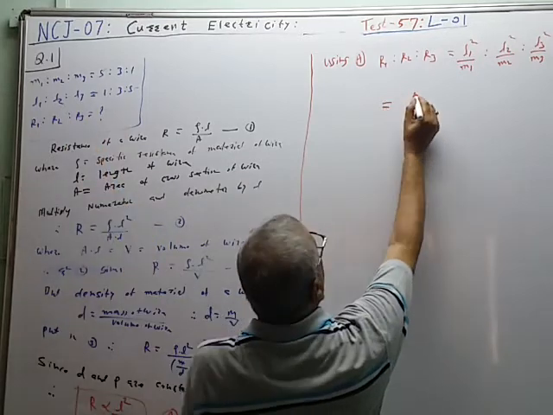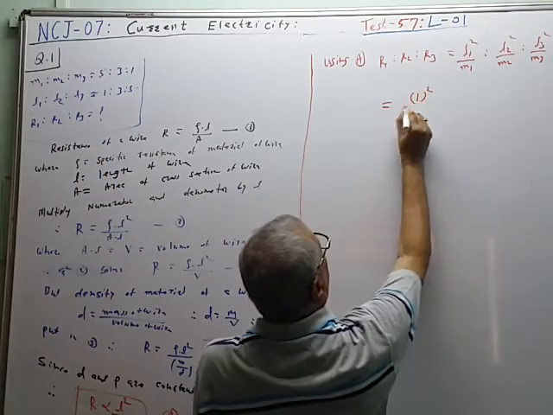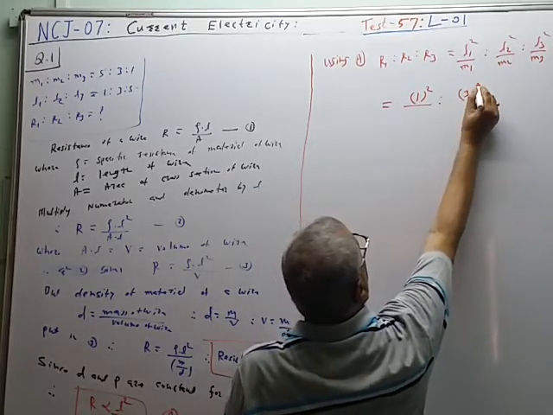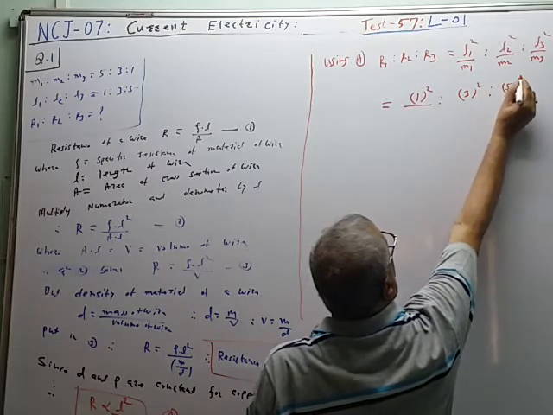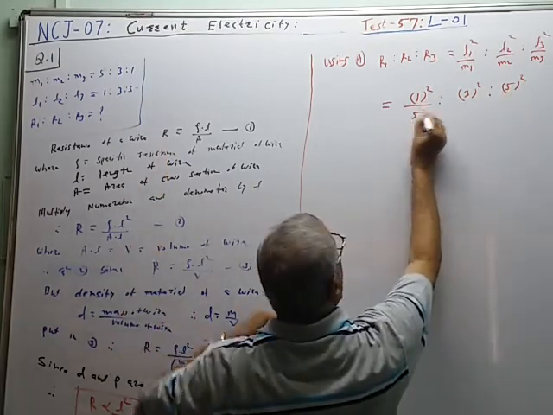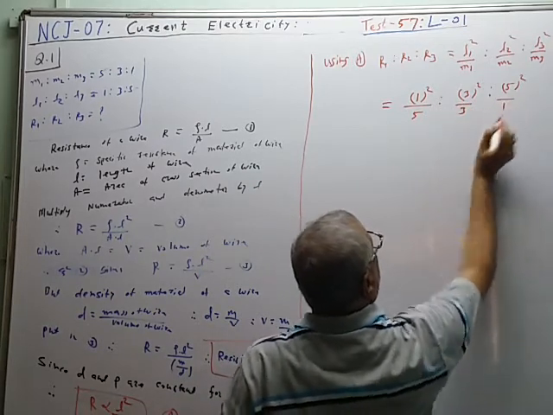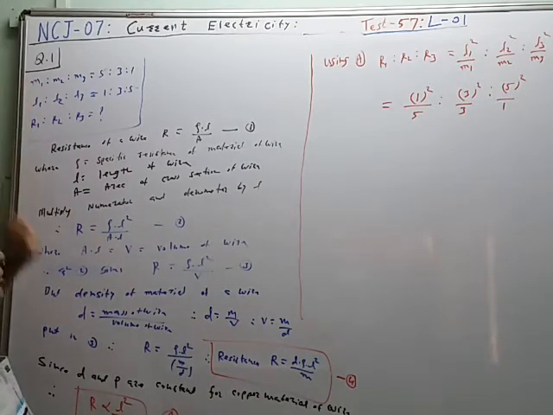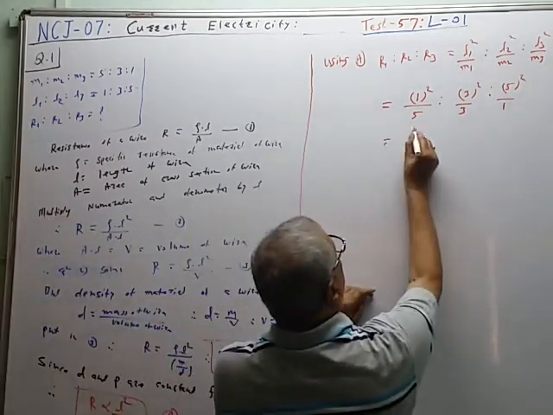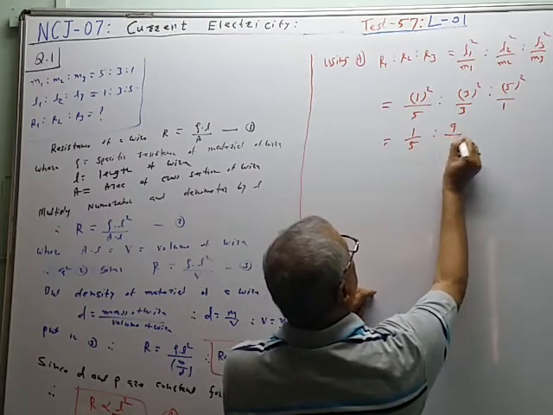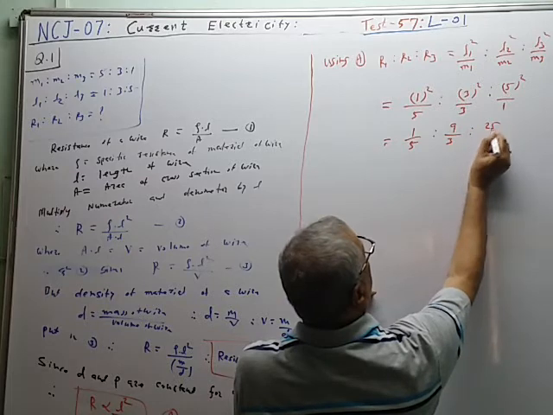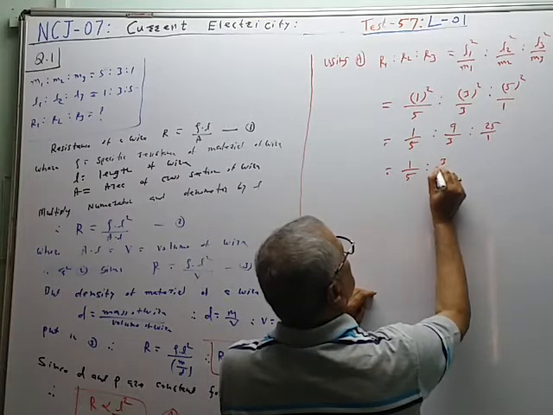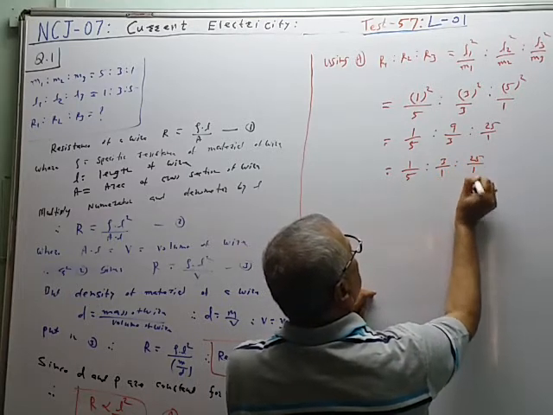So L1 is equal to 1 square : 3 square : 5 square upon 5 : 3 : 1. So we are using these two ratios of masses and lengths. So this is equal to 1 by 5 : 9 by 3 : 25 by 1. This is equal to 1 by 5 : 3 by 1 : 25 by 1.